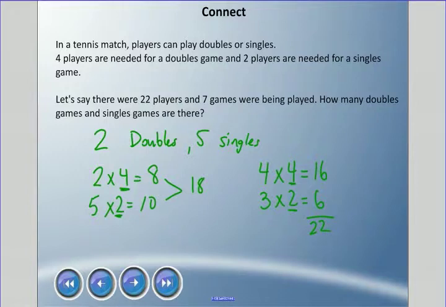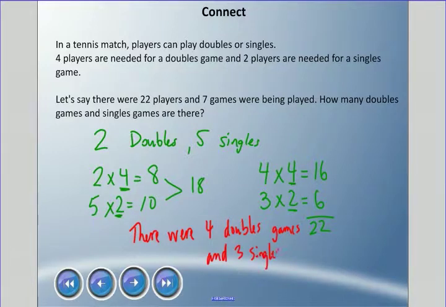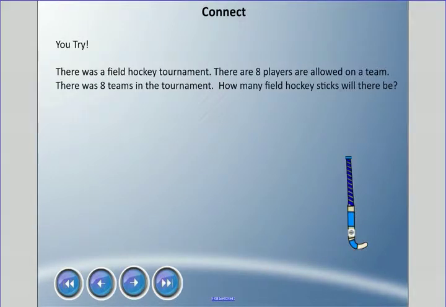So the answer to this problem is there were 4 doubles games or matches, I think I said before, and 3 singles games. The end.